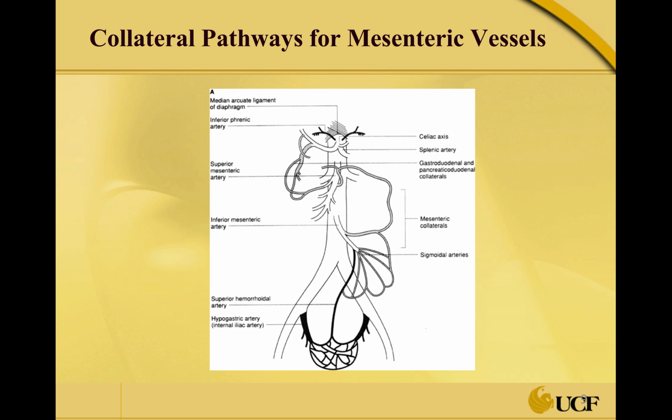The superior and inferior mesenteric arteries communicate through the meandering artery and the marginal artery of Drummond, with the meandering artery serving as the dominant collateral. The inferior mesenteric artery communicates with the internal iliac artery through the hemorrhoidal vessel.